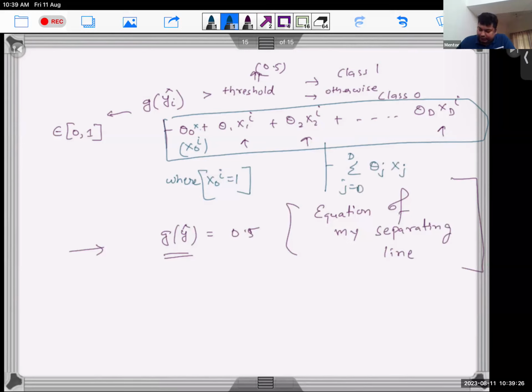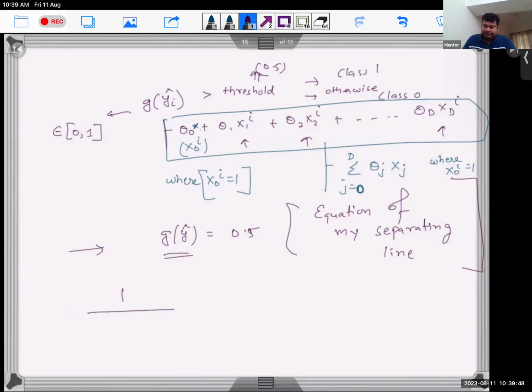Do you think I can write it like this, after I multiply theta naught with x naught i, where x naught i is always 1? This simplifies it, right? I'm going to use this equation to simplify it instead of writing the whole thing again and again.